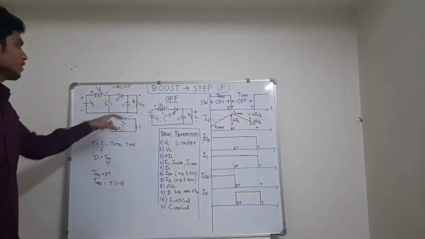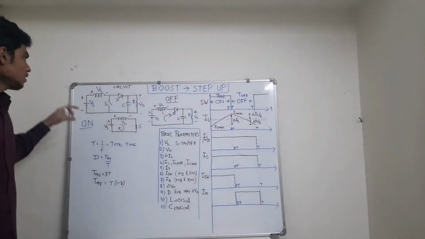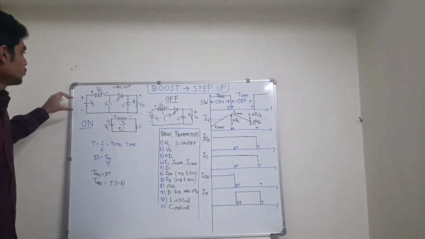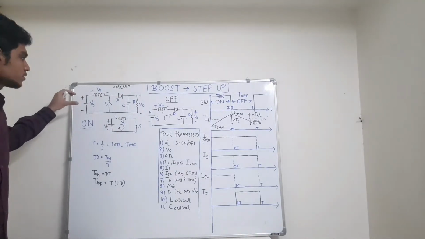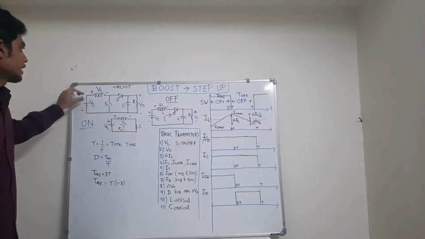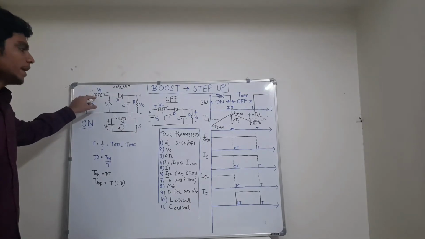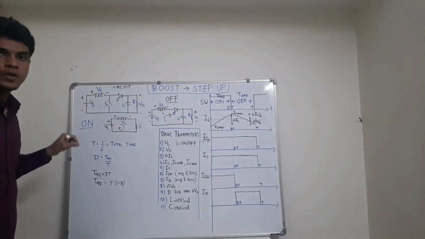The circuit of the boost converter is as shown. Vs is the DC voltage source connected to an inductor in series with it.